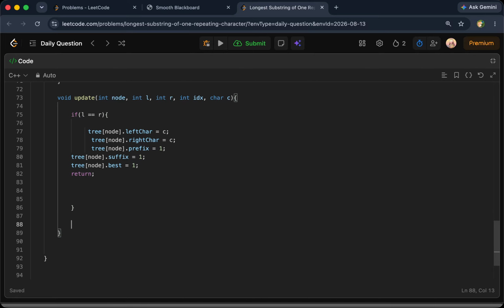Then int mid is equal to left plus right divided by 2.